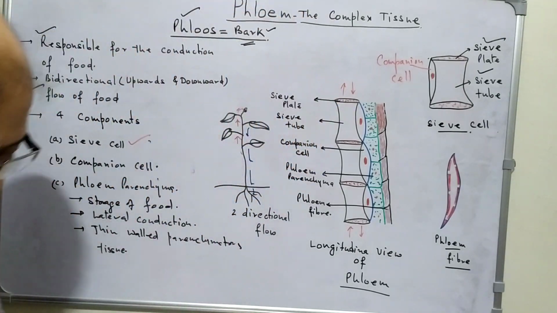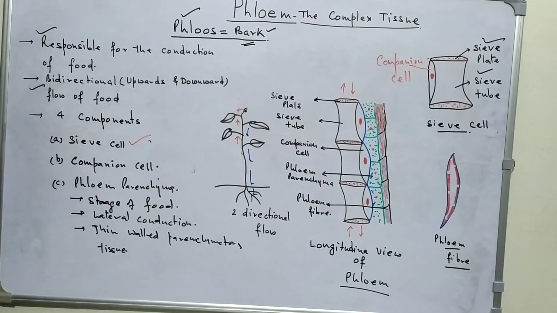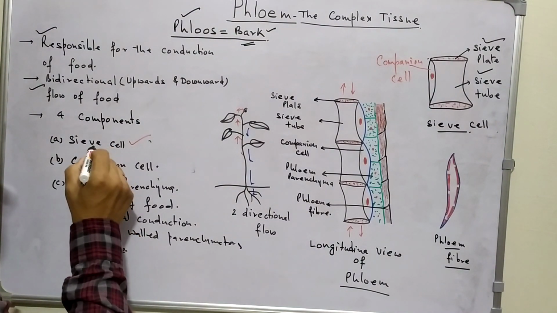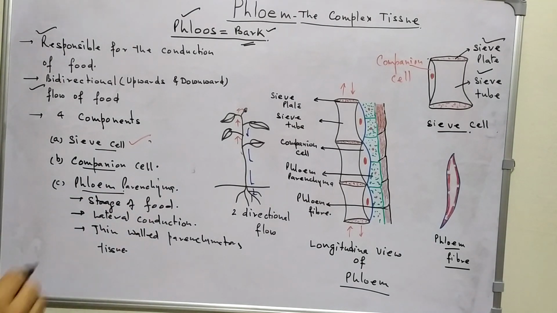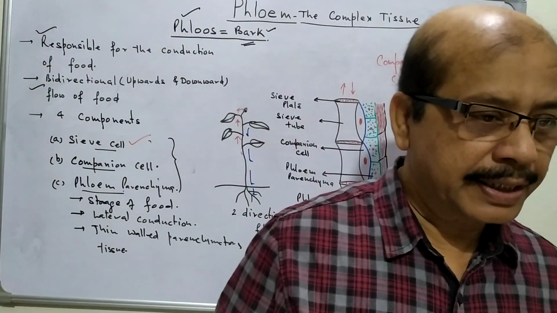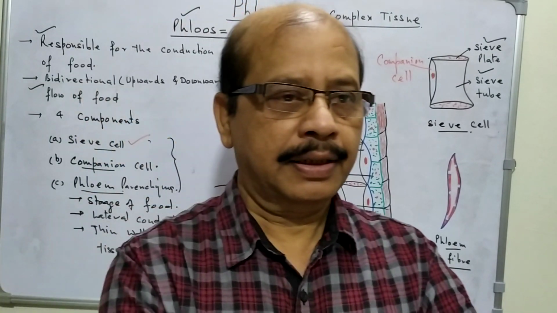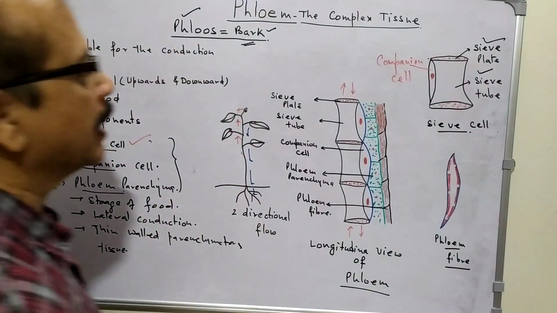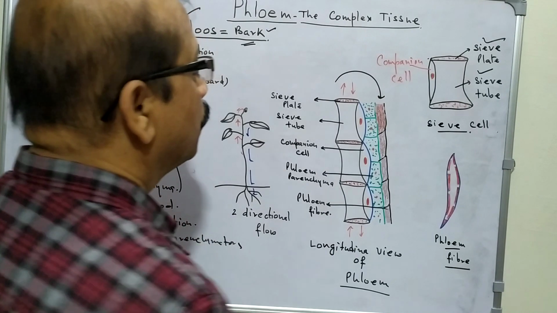And after some time, all these first three, sieve cell, companion cell and phloem parenchyma, lose their cell content, become lignified and are converted into the fourth kind of component, and that is phloem fiber.